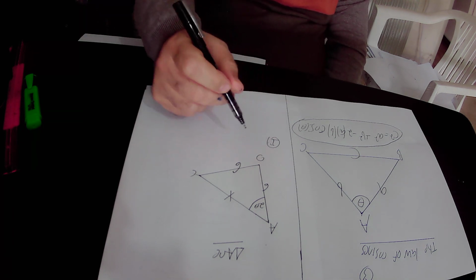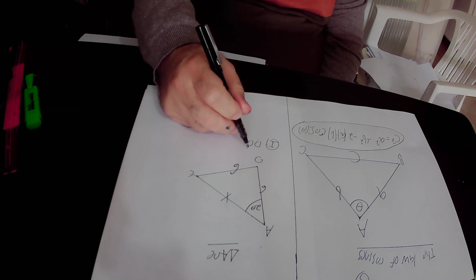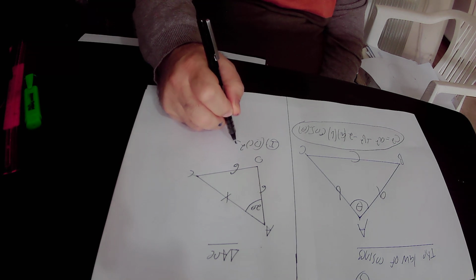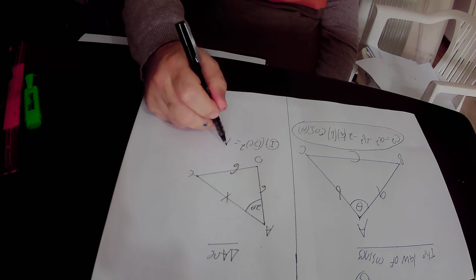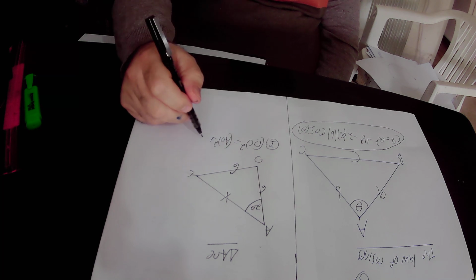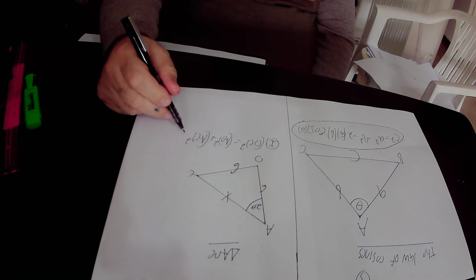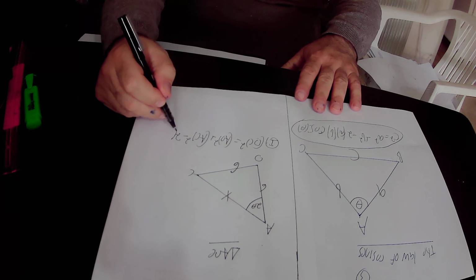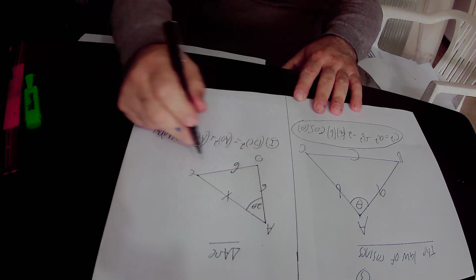We will get that OC squared equals AO squared plus AC squared minus 2 times AO times AC times cosine 2 theta.